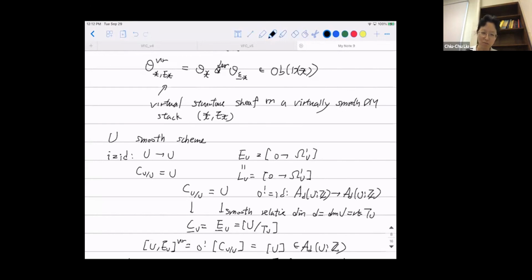So the base has dimension D, the fiber has dimension -D, so it's dimension 0.